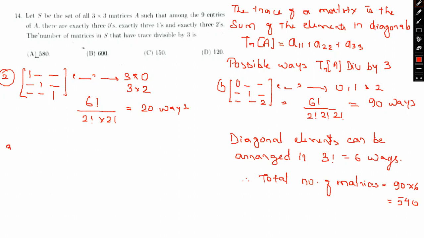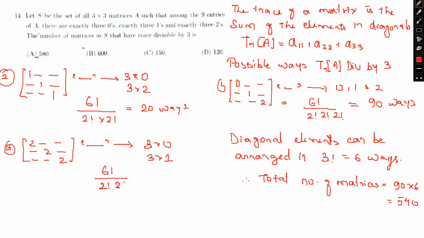Similarly, the third way in which the trace of the matrix can be divisible by 3 is when the diagonal is 2, 2, 2. Here the blank spaces can be filled with 3 zeros and 3 ones. Again 6 gaps, each repeated thrice, that is again 20 ways.